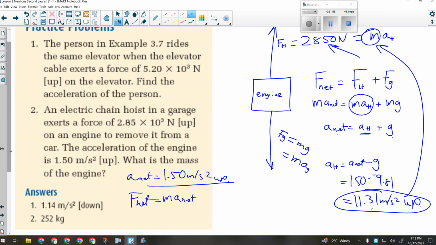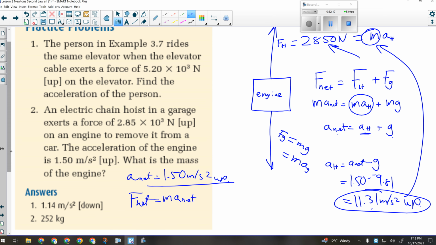Now, here's the good news. We never ask differential acceleration method problems in quizzes or tests or anything like that. But it's important for you to understand that the relationship between the accelerations in a problem is the same as the relationship between the forces that cause them.